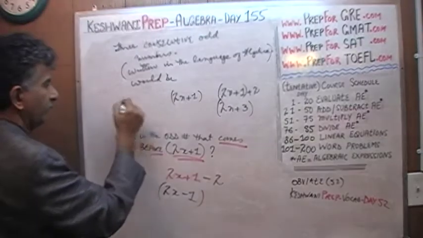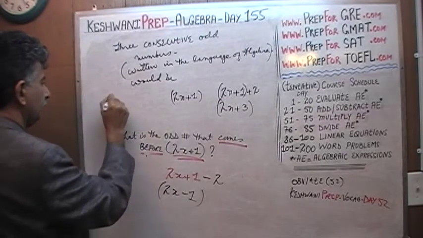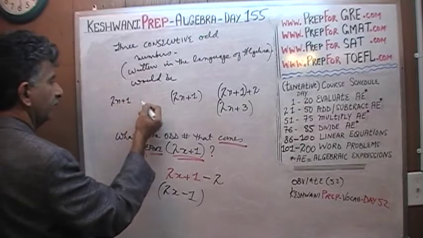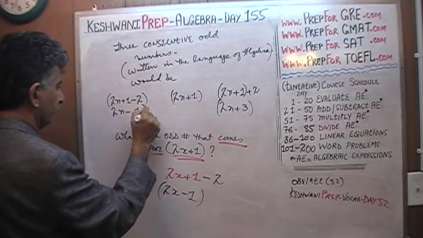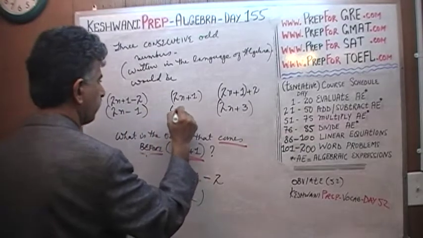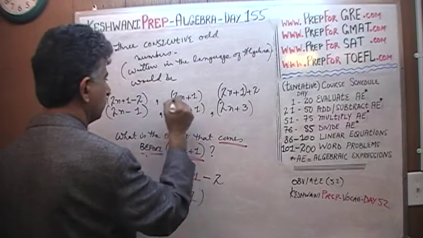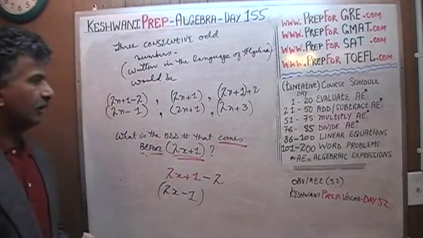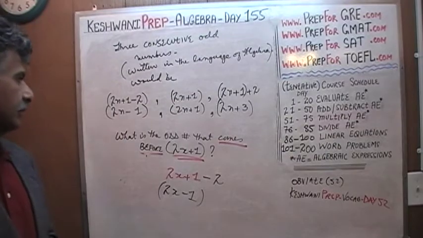The one that comes before it is 2n plus 1 minus 2, or 2n minus 1. So that's how we represent 3 consecutive odd numbers in the language of algebra.